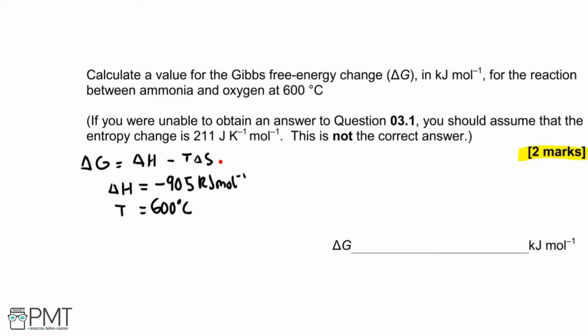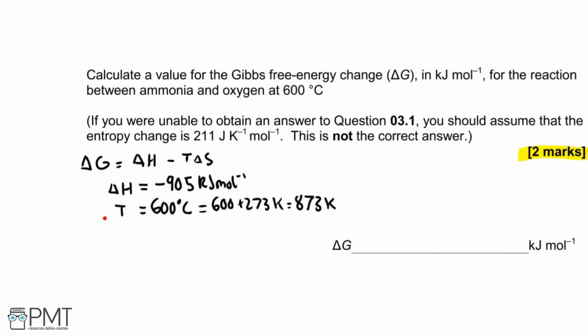Instead, it is measured in Kelvin. So we need to convert from 600 degrees Celsius to the equivalent value in Kelvin. The way we convert from degrees Celsius to Kelvin is simply to add 273. So we've got 600 plus 273 Kelvin, which is 873 Kelvin.